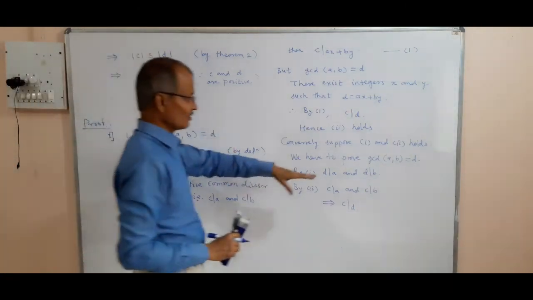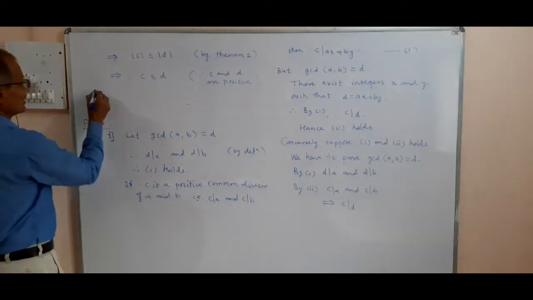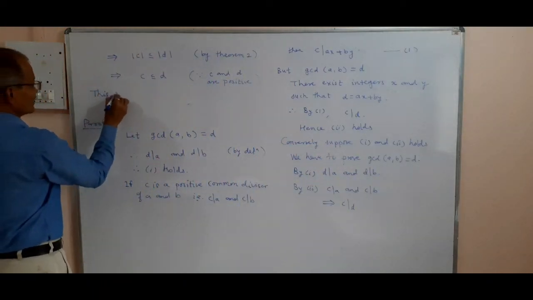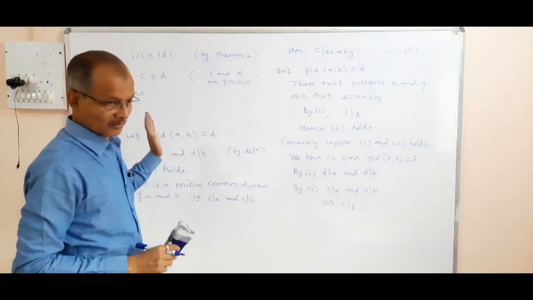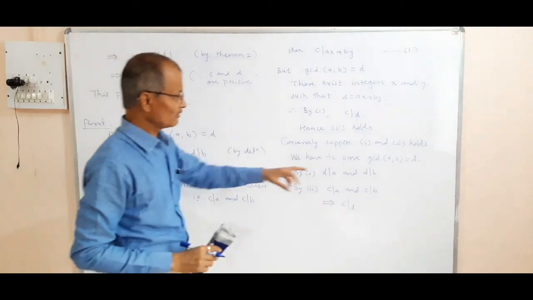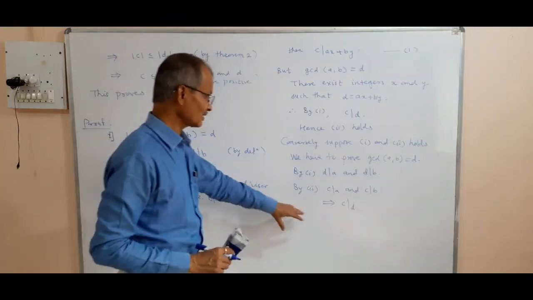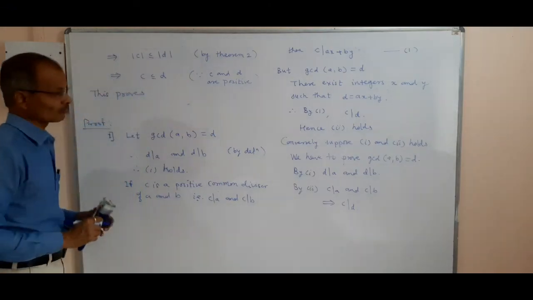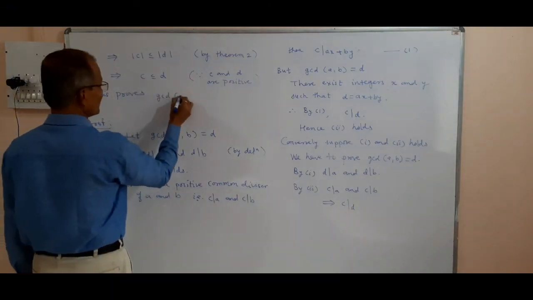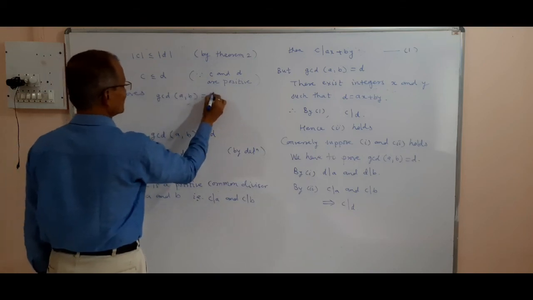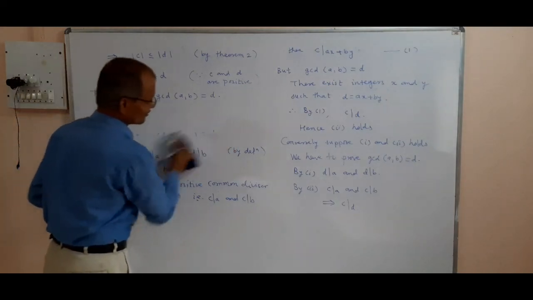We have proved GCD of A and B is equal to D. So this proves the condition in the definition. What is the definition? When we say GCD of A and B is equal to D, D divides A and D divides B, and the second condition is C is less than or equal to D. So this proves GCD of A and B is equal to D, and hence the proof. So this completes the proof.